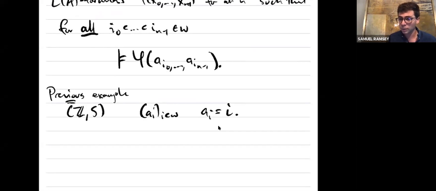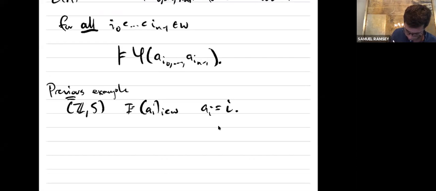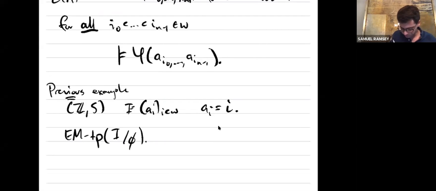Now the question that we want to ask is, what is the EM type of this sequence? So let's call this I. What is the EM type of I over the empty set?